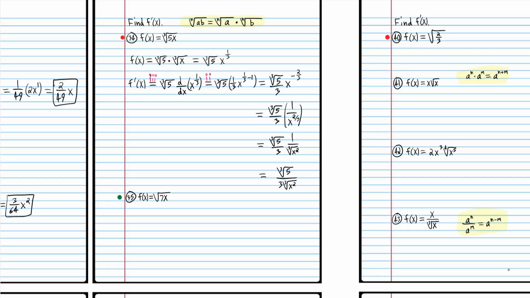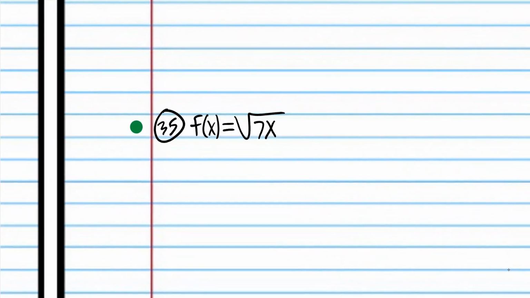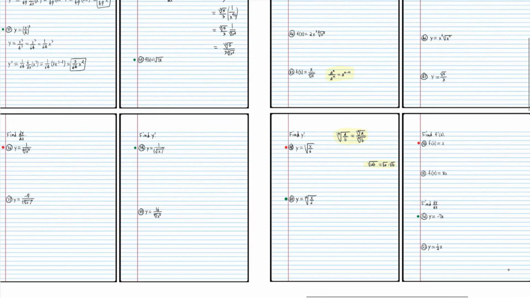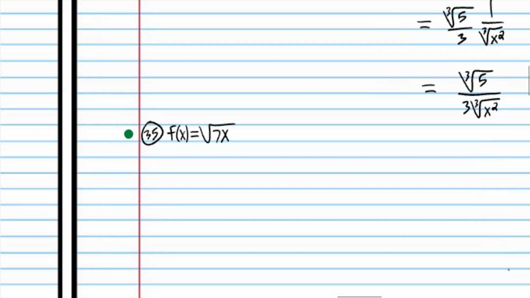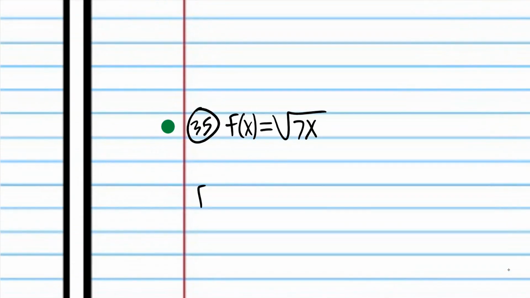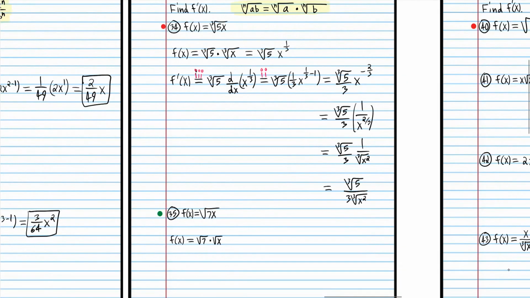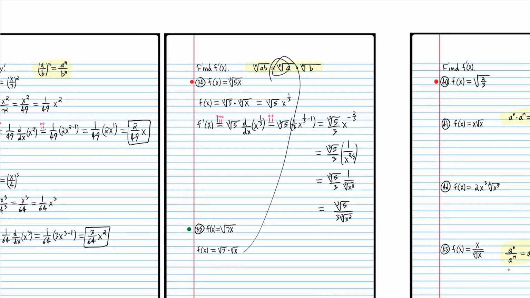Okay, we're back. So we're going to rewrite the expression before we do anything. So f of x is equal to the square root of 7 times the square root of x. That's this principle up here. The case where n is equal to 2.